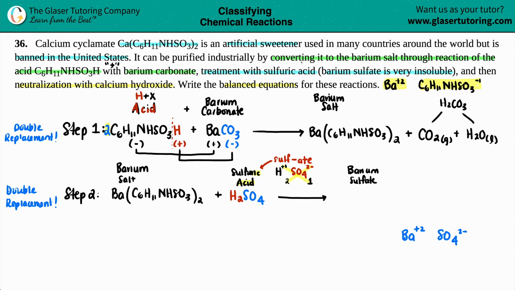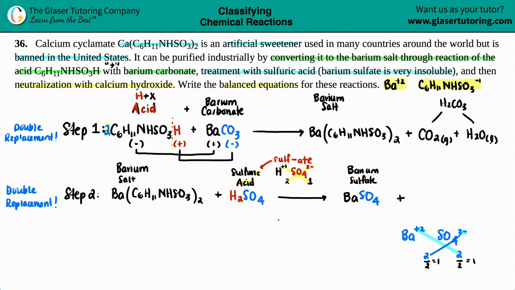Use those charges, crisscross them. +2 crisscrosses down here, telling me that I have 2 sulfates. 2 crisscrosses down, telling me that I have 2 bariums. But remember, you gotta keep them simplified because it's an ionic compound. So I could divide each one by 2. And I now have just 1 barium and 1 sulfate. So this would be Ba and then just SO4.